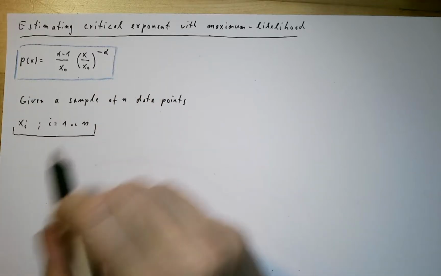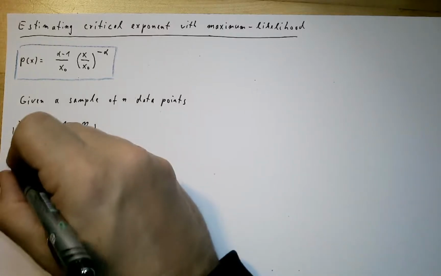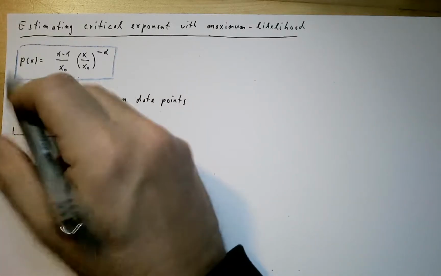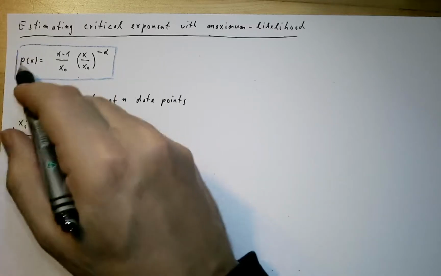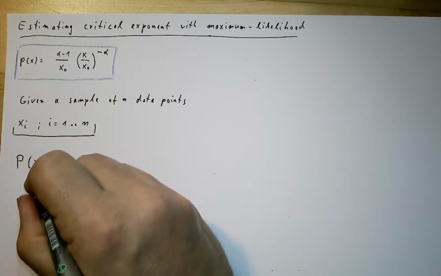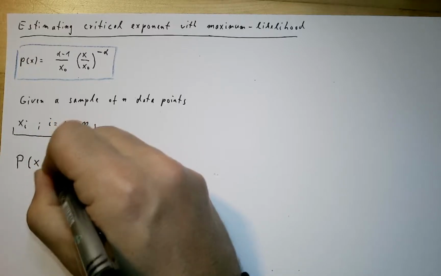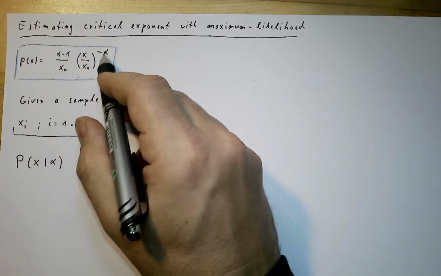And in the previous video we just made a histogram of this, or we made a rank plot of this, and now we want to use the maximum likelihood method. And so now we could say, we want to calculate the probability, that's a capital P, this was the small p of our distribution, the probability to achieve the sample, given we have chosen a certain exponent alpha.